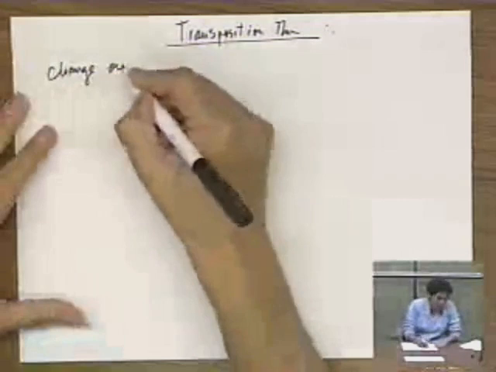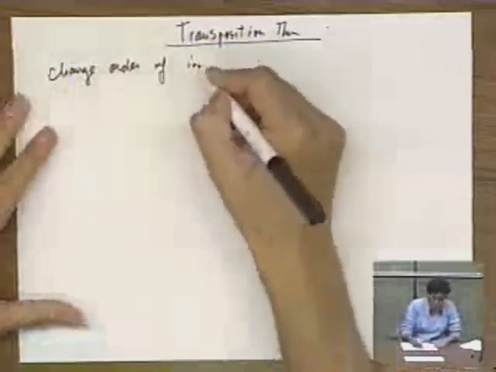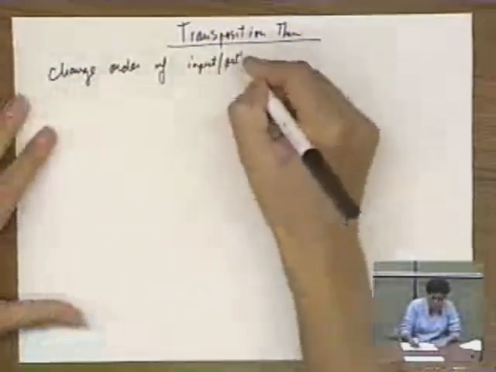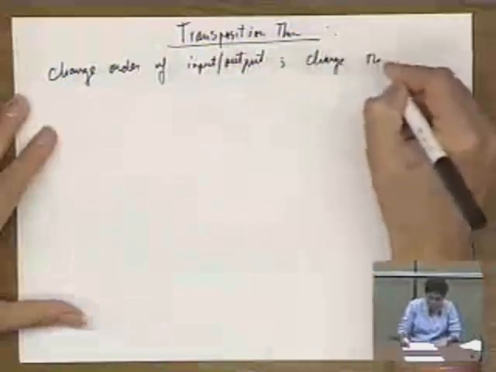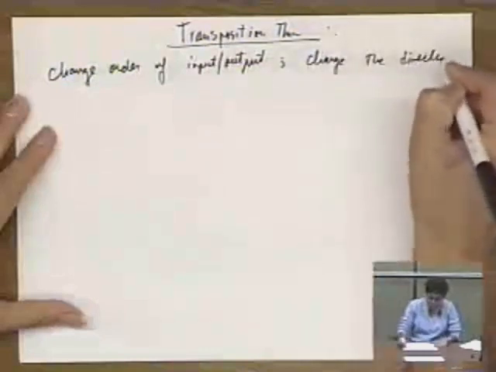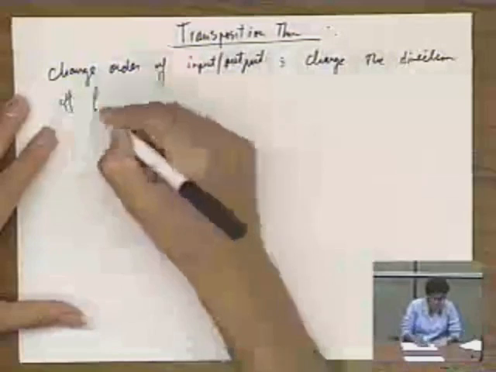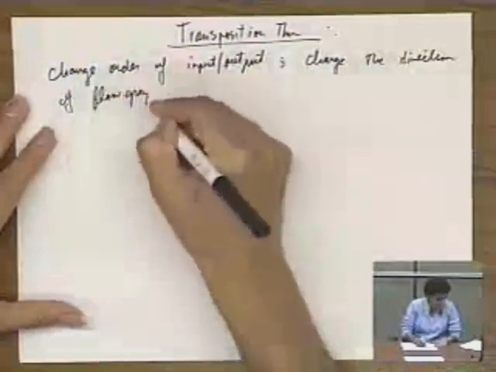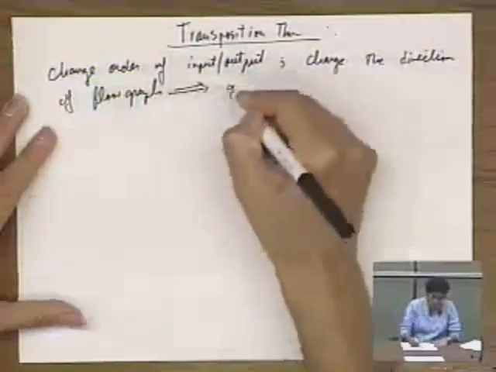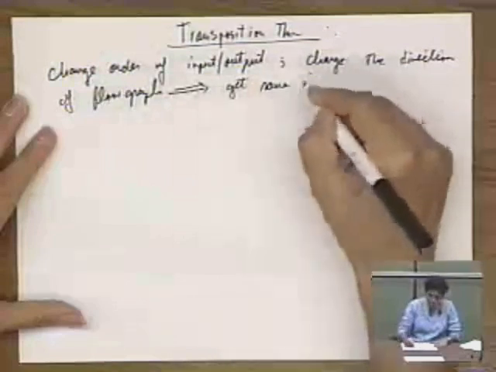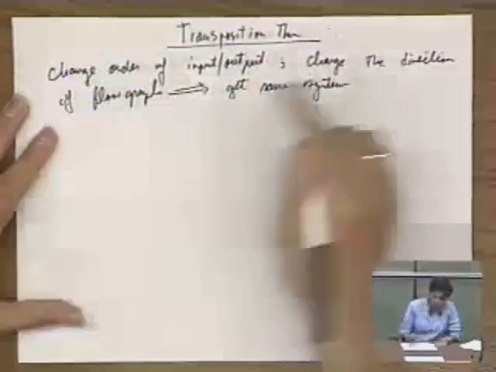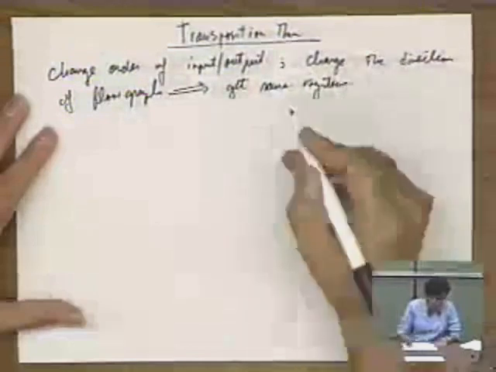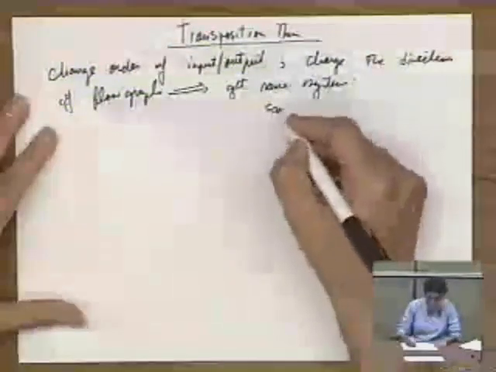If you change the order of input and output, and then also change the direction of the flow graph, then you get the same system. That's what the transposition theorem tells you. What we mean is the same input-output relationship.